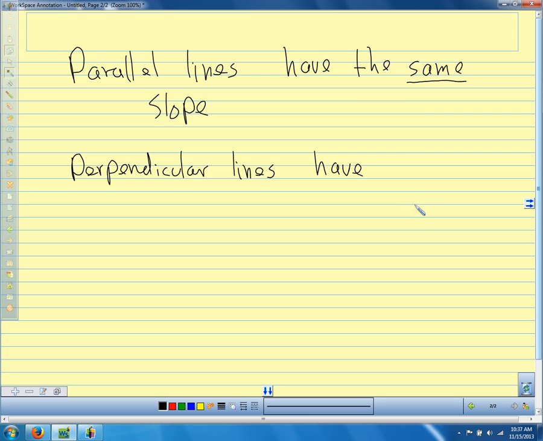Anybody have a memory of that? Perpendicular lines have negative reciprocal slopes. By negative reciprocal, it's written as a fraction: we flip it over and change the sign.